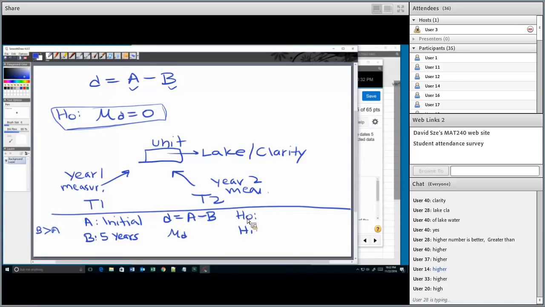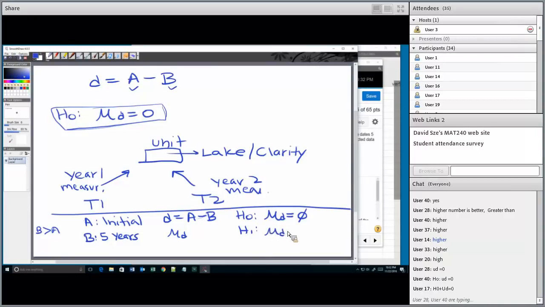So what is the null hypothesis in terms of mu D? Mu D is 0. Now, if clarity has improved, what is my mu D? Gotta be careful.